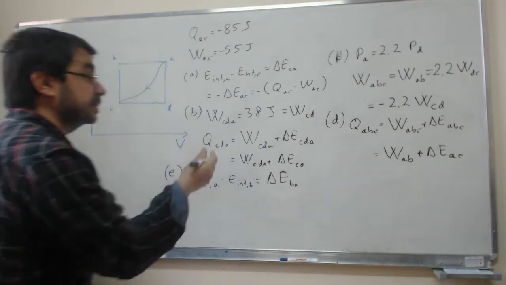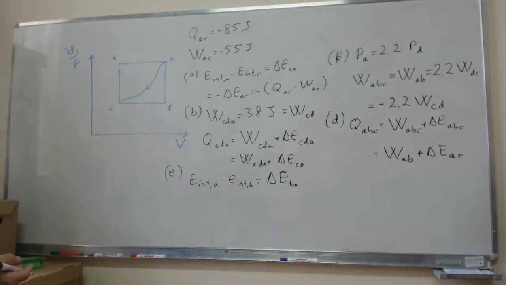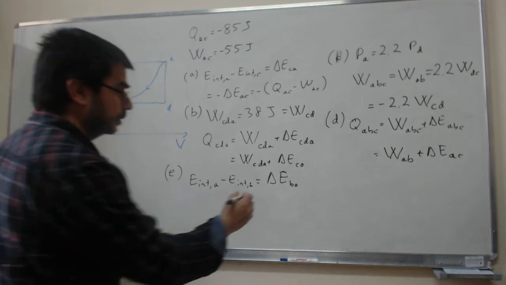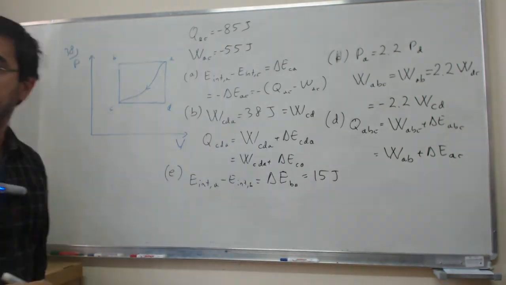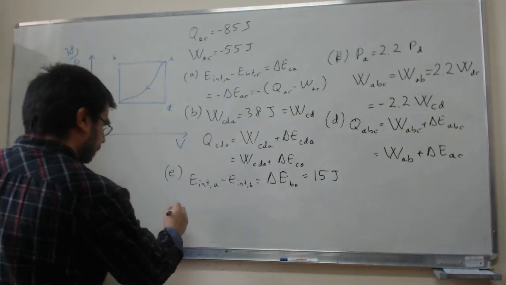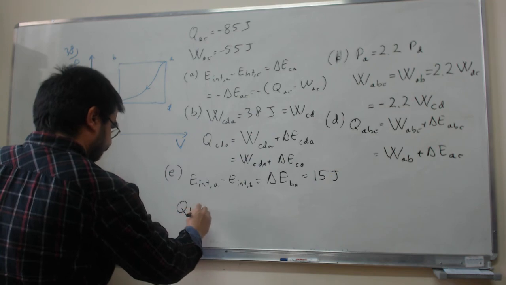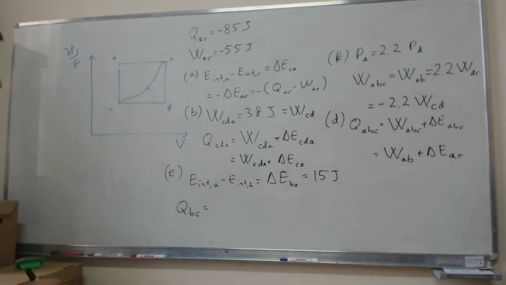There was a more detailed discussion of this in the previous problem, so you can just go back and watch that one. So this is given to be 15 joules, and they're asking for Q for process BC. So we are given something about BA, and they're asking for something about BC.